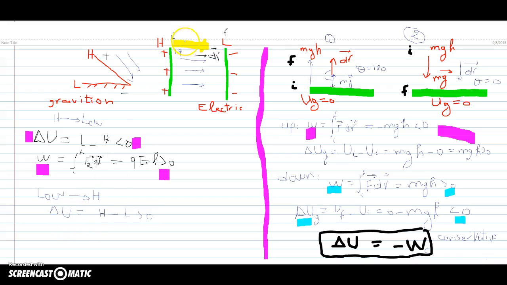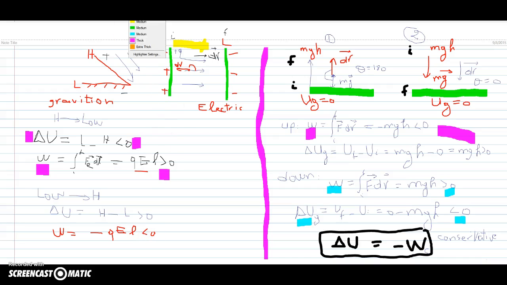Now what about the work? If I move in the other direction, trying to bring the particle to the left side, then the angle is 180. That means the work in that case is negative. So minus QEL. I don't have to do the integral; it is the same expression as this one here, so clearly it is negative.